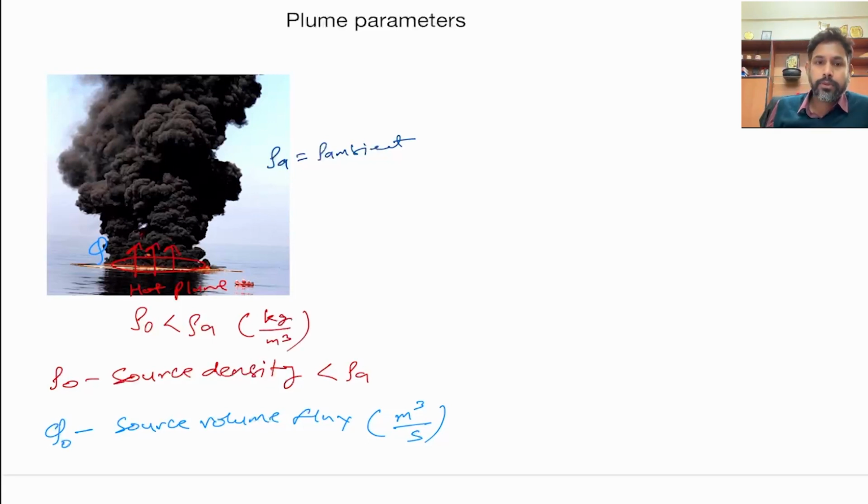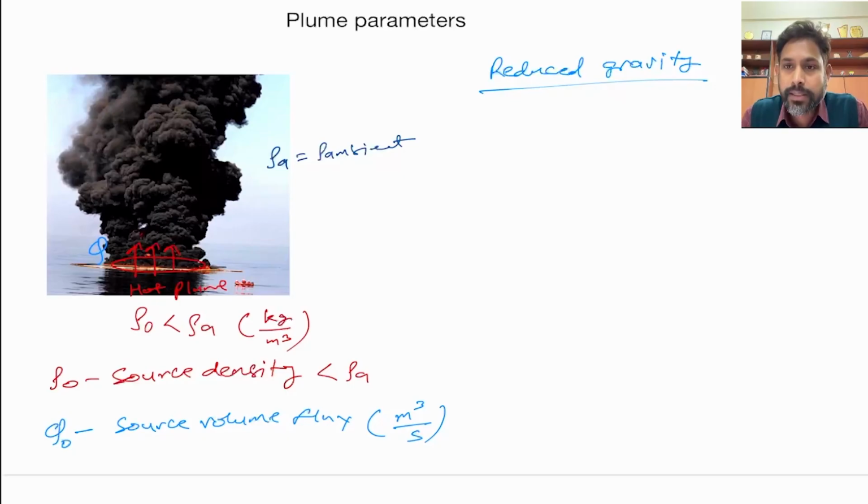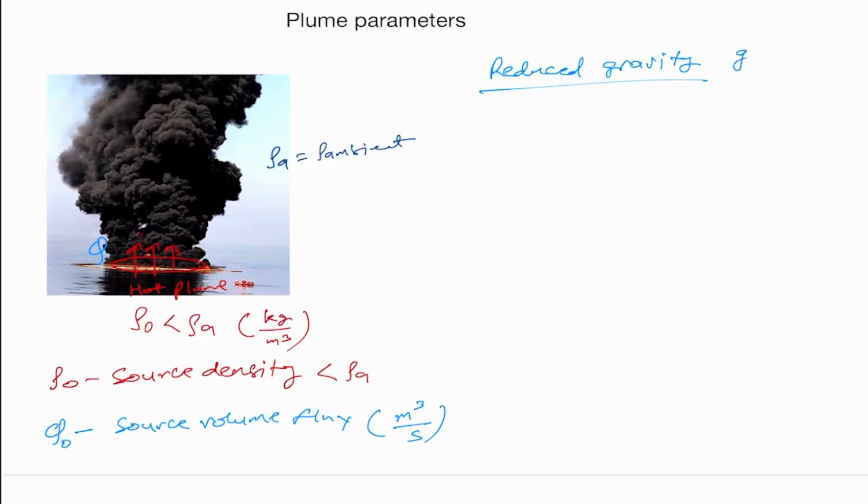This is the unit for the density, and that we know already. Now if you want to define a few parameters considering density or volume flux, we will start with a particular parameter called reduced gravity, which signifies the effect of density difference. Okay, and this is written as g prime.